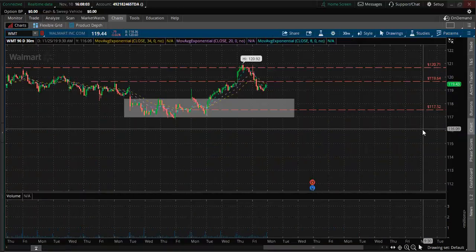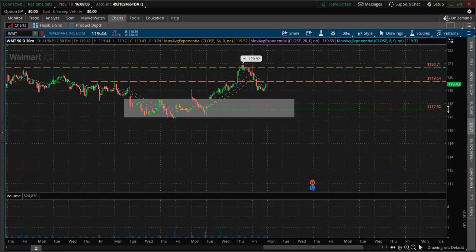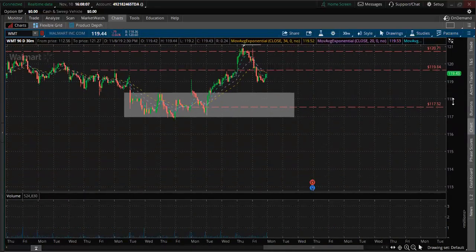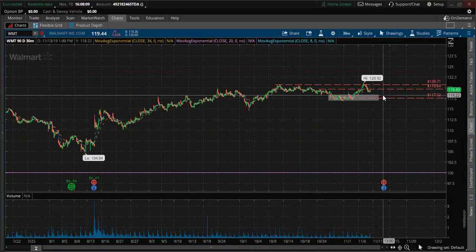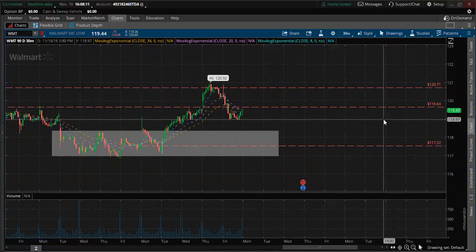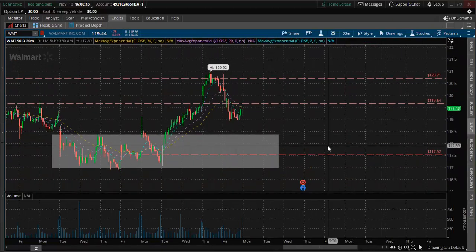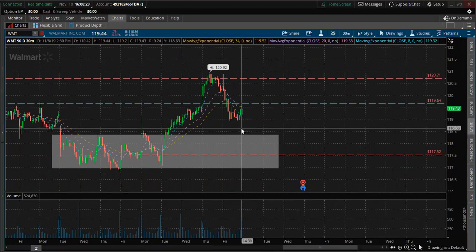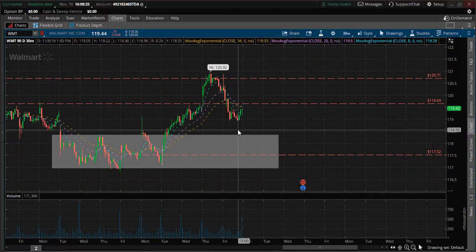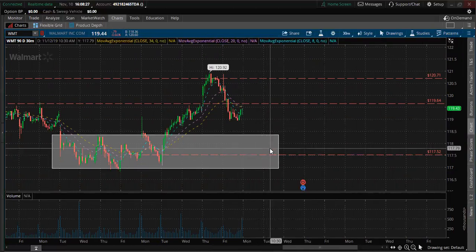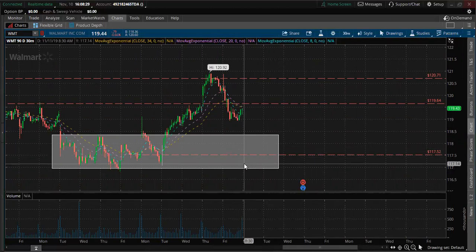Sorry, guys. There we go. We had a nice play on Walmart too, but let's see what I'm looking for here in Walmart. This was another potential nice play for a downside move.